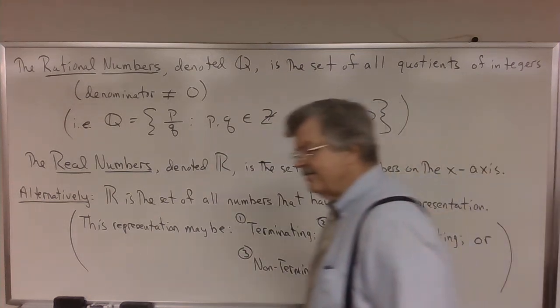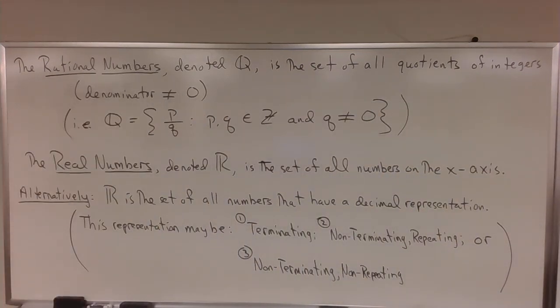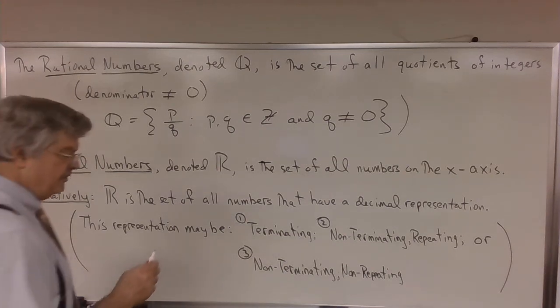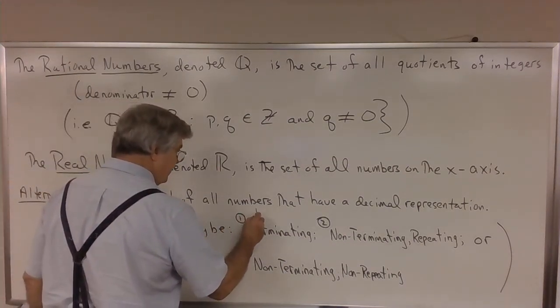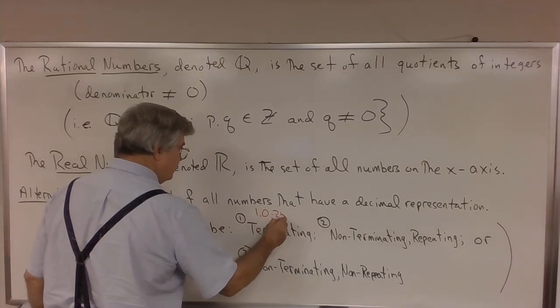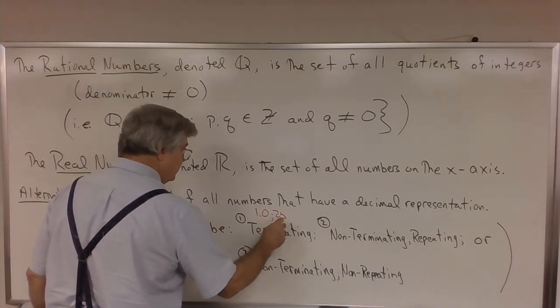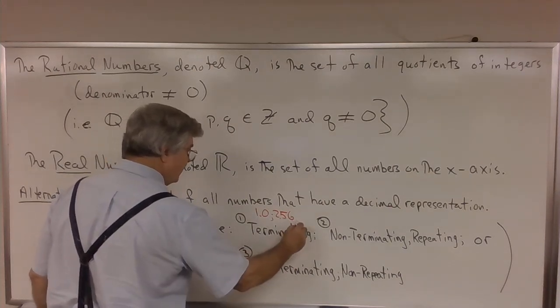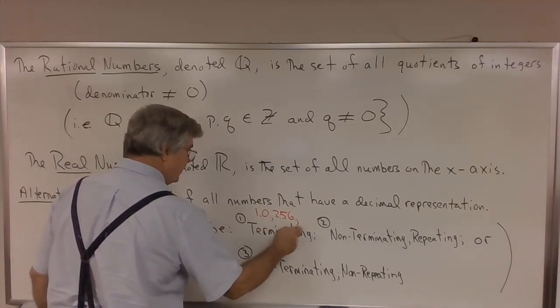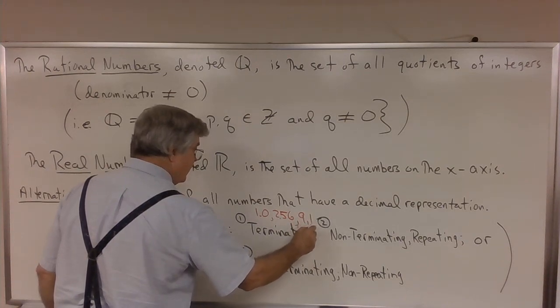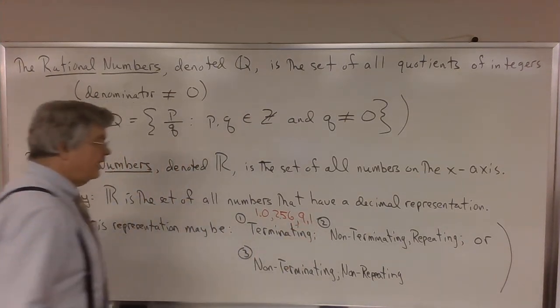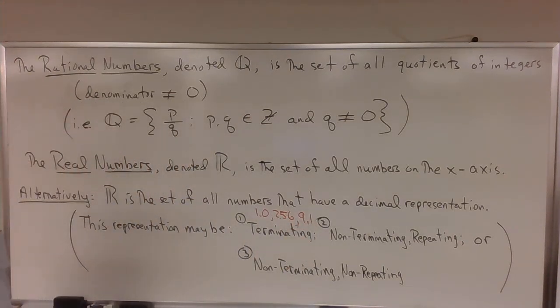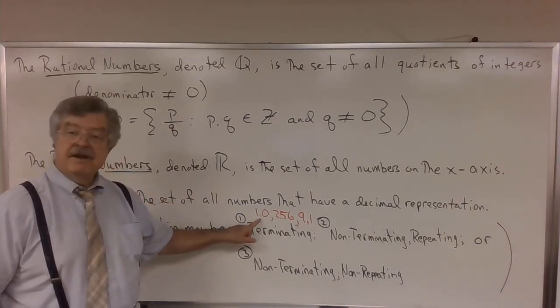Let's see, can we think of an example where the representation is terminating? 1.0, 2.56, 9.1. Okay, those are all terminating decimals. And notice that this is an integer as well.